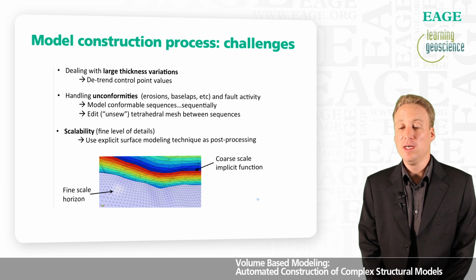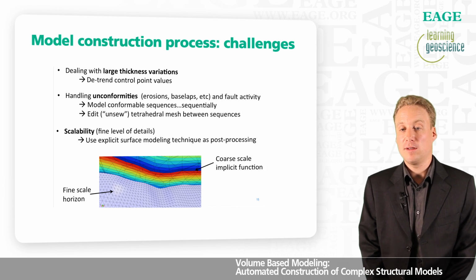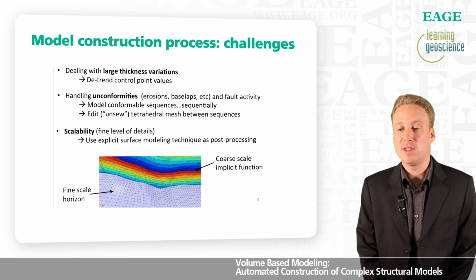So what we are doing is that we are using explicit surface modeling technique as a post-processing while making sure that we do not introduce some intersections between the modeled surfaces.